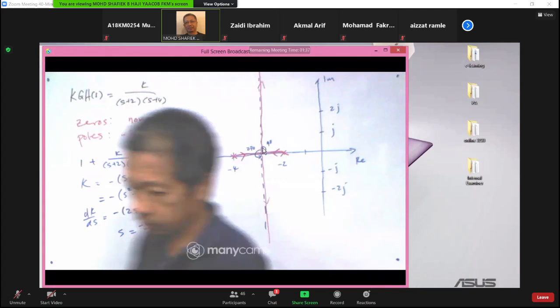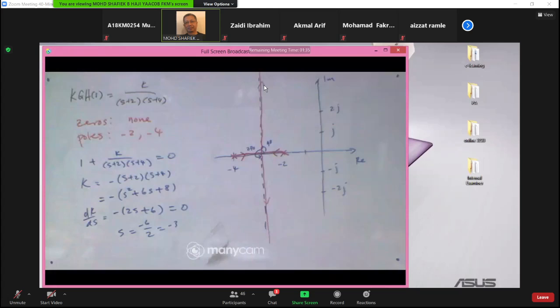So this is -3, one branch going up and one branch going down to infinity along an asymptote line. So that is our complete locus diagram.